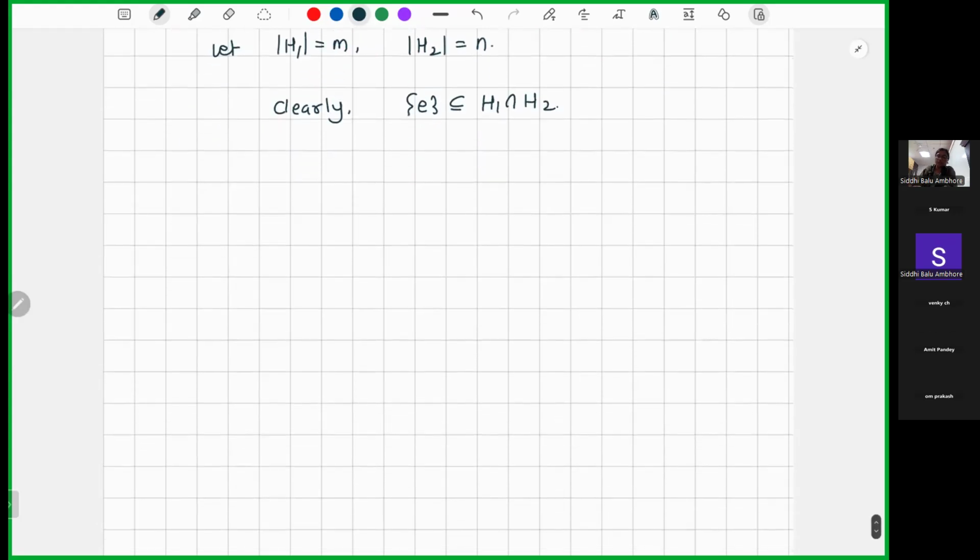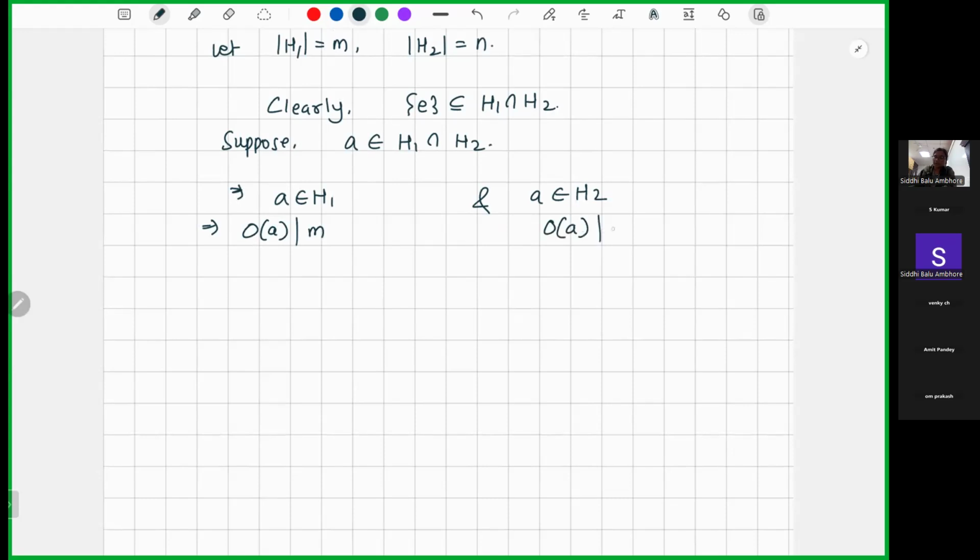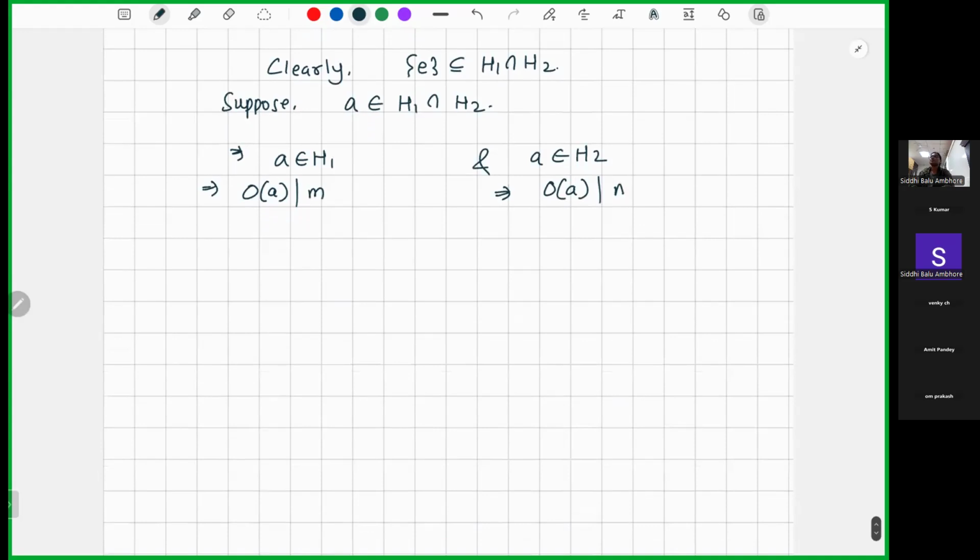Both of them are subgroups of G, so both have E. Now suppose some A belongs to H1 intersection H2. This implies A belongs to H1 and A belongs to H2. This is because A is an element of H1 and H2, so the order of A will divide the order of H1 and similarly the order of H2.